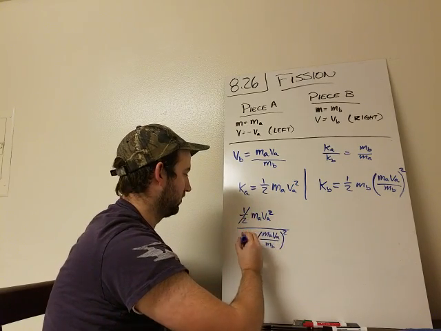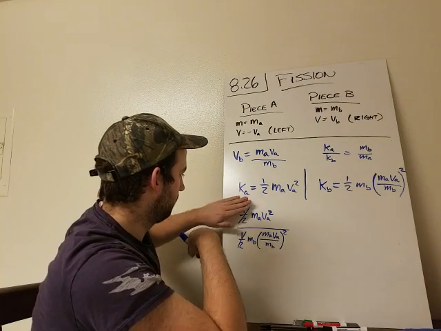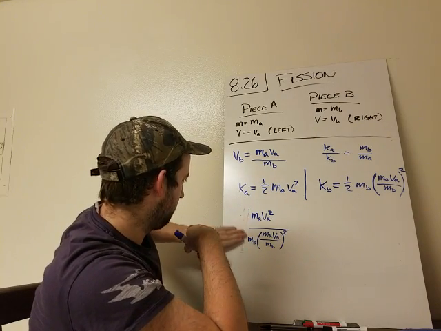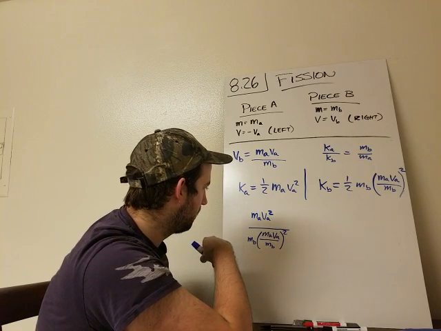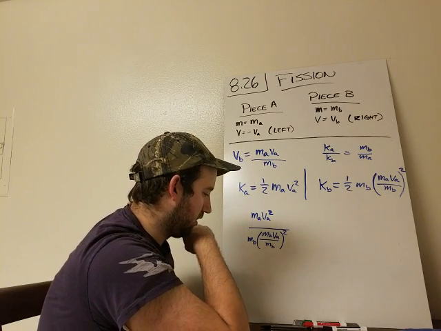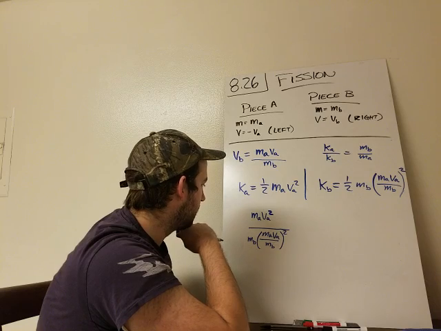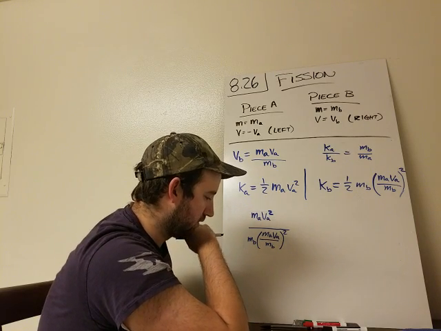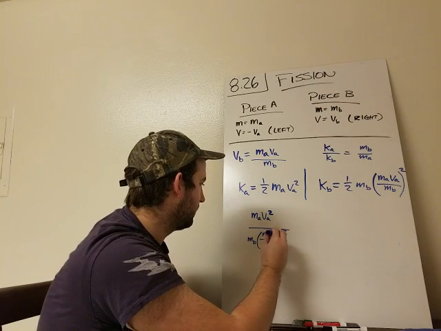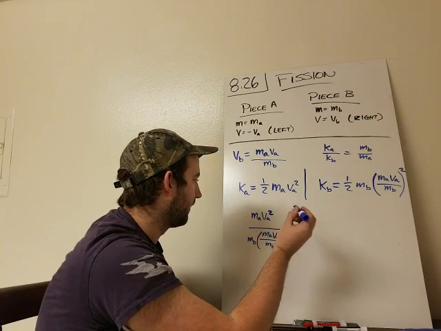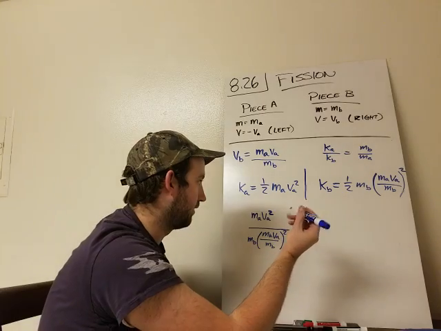First of all, let's just cancel those. And then we can rearrange everything in here, so let's distribute this squared. That'll help us a lot.